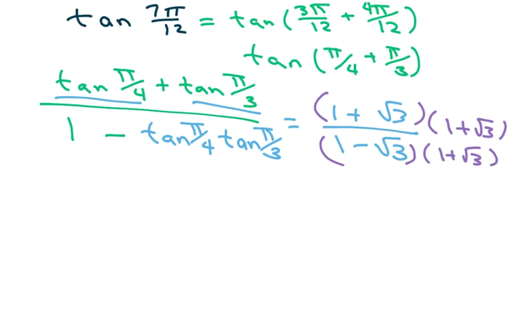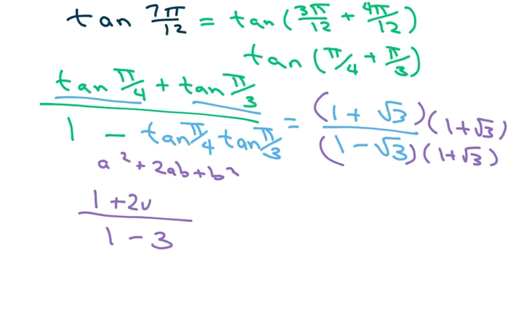To me, this one's just like the one we did. All right, a little different. So what we're going to get is the denominator is just going to be 1 minus 3. And then we're just going to use a squared plus 2ab plus b squared for the top. So that's 1 plus 2 square root of 3 plus 3.